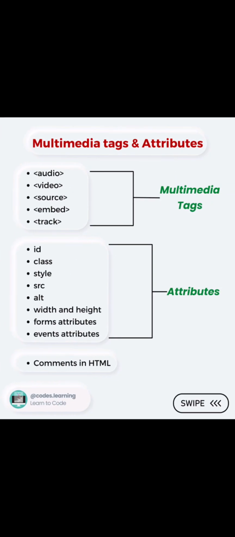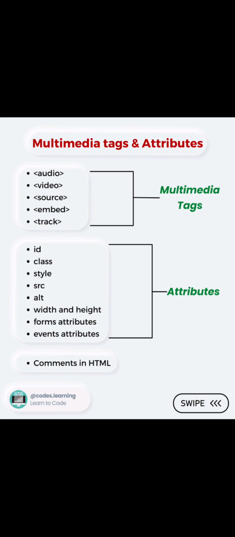Okay. And multimedia tags are also there, like audio, video, source, embed, and track. These are HTML5 tags. You are very familiar with them, I think, because they are very commonly used, and they are the latest tags introduced by HTML5.